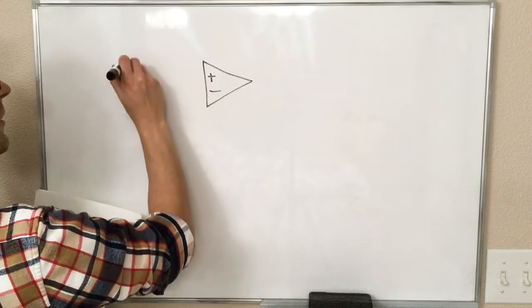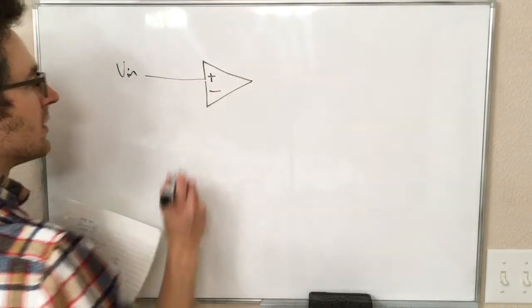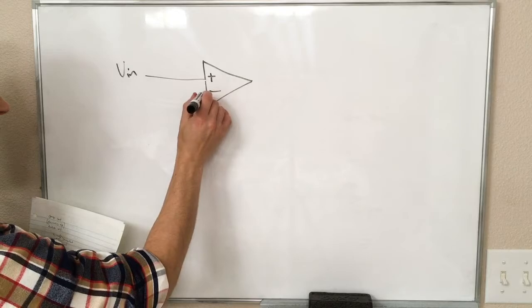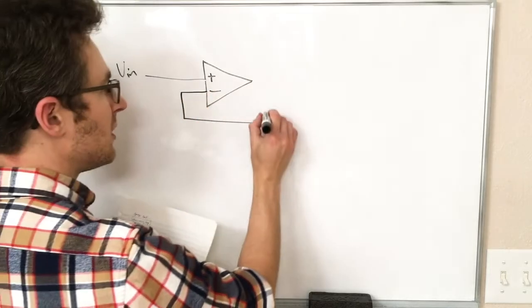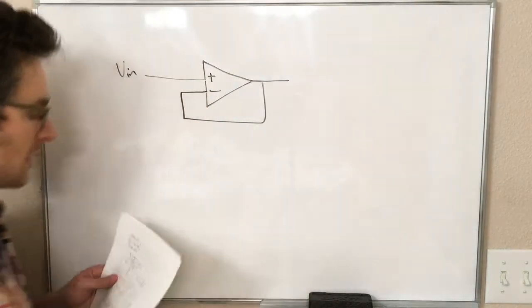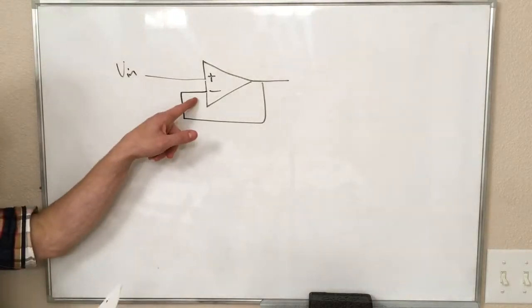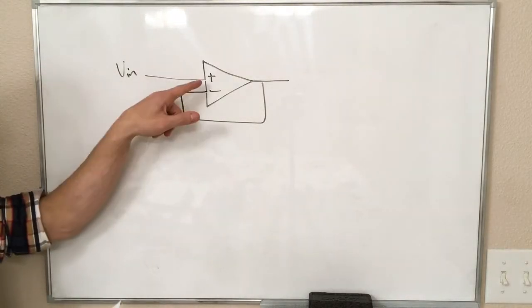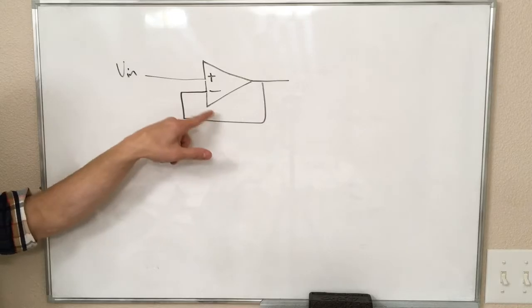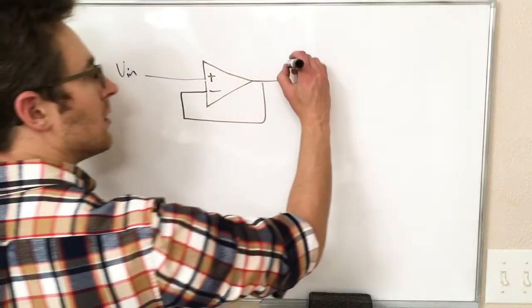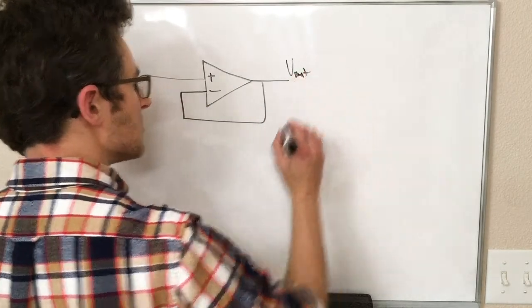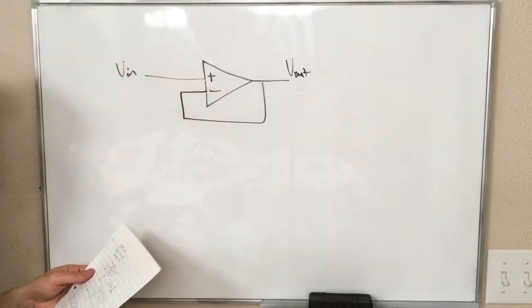We have our voltage input going to the non-inverting input. We have feedback at the inverting input and to the output. So there are no resistors here.